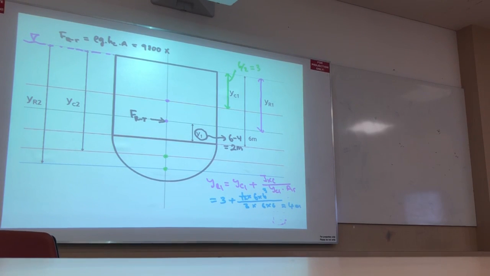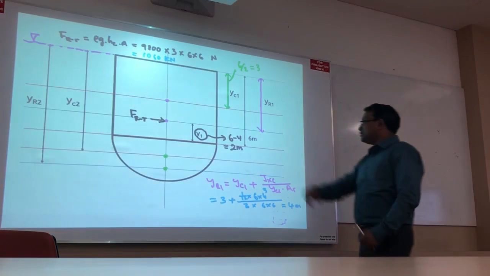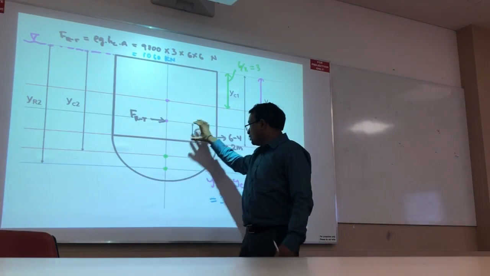Last week I told you hc is 3. The area is 6 times 6. Am I right? Correct. So this unit is newtons, and after calculation I get 1,060,000. Divided by 1000 I get kilonewtons. Pretty simple. So I get this value, I get y1. Done.